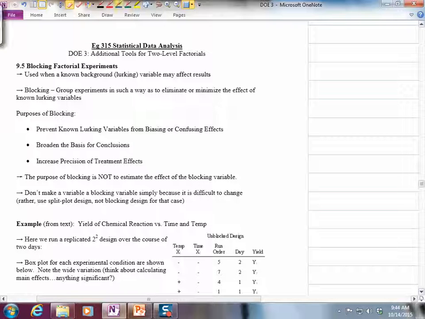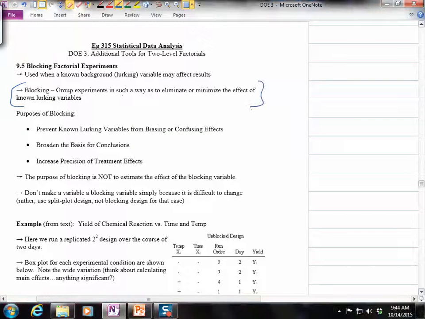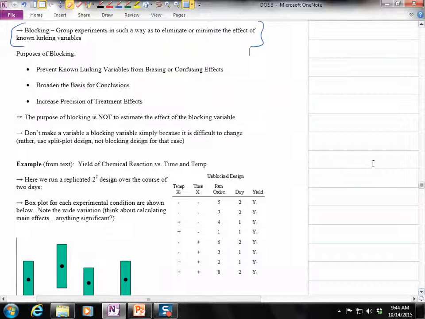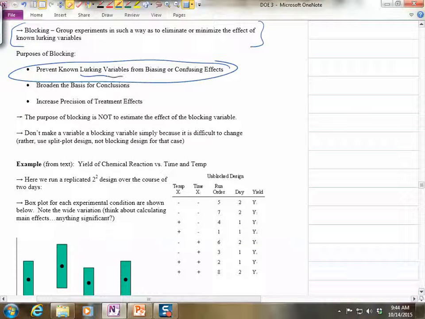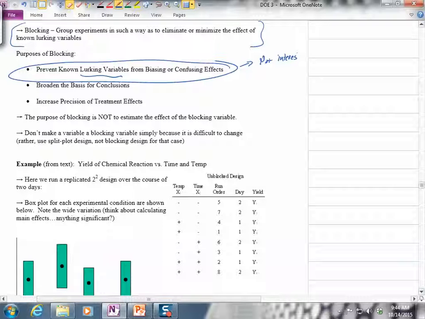We're going to flesh that out into doing that on a larger scale and block out more than just one source of variation. So this is why we do blocking. We call these things lurking variables or nuisance variables. They're things that are going to mess up our experiment. The key is we're not interested in really measuring them.